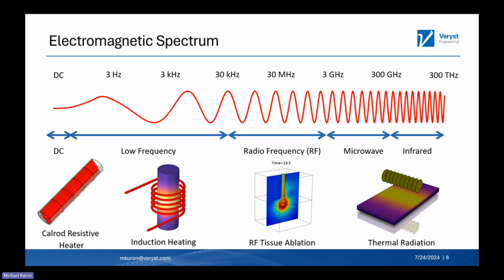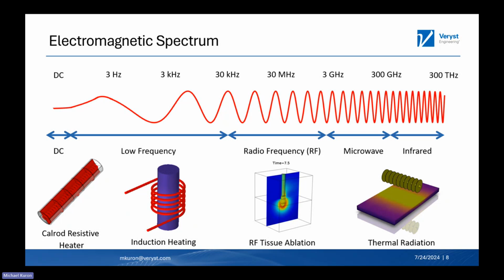Moving to the right, we get into the microwave regime, which is above the RF regime, and is typical of, for instance, the microwave you may have in your kitchen, or other industrial processing systems that rely on microwave heating for raising the temperature of dielectric materials.